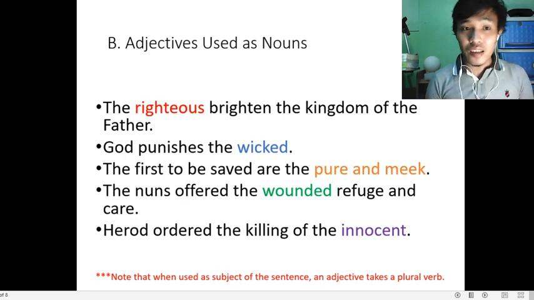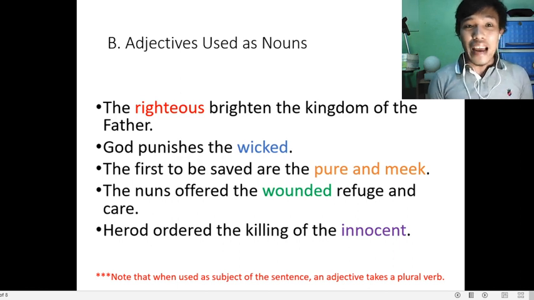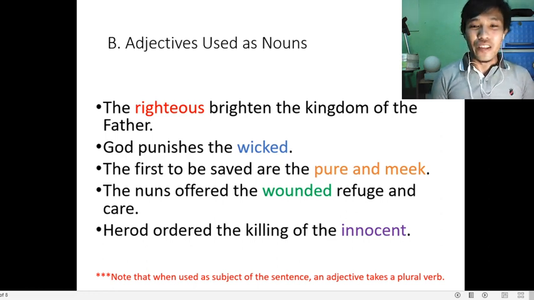Next, "God punishes the wicked." We have an adjective used as a noun there: wicked. Well done. The third one: "The first to be saved are the pure and meek." What is the adjective used as a noun there? Very good, it's pure and meek. What about number four?